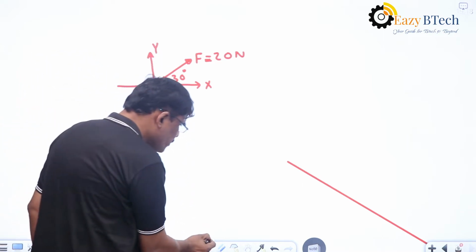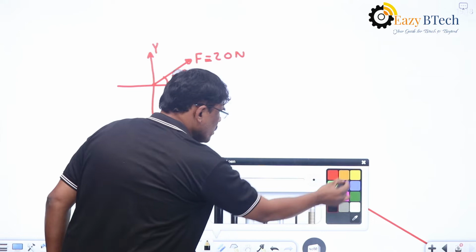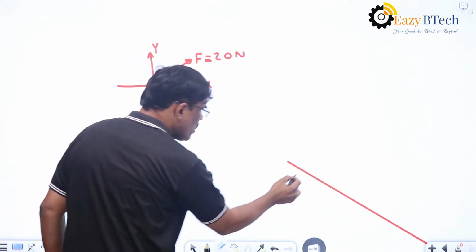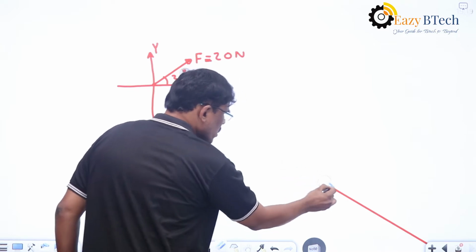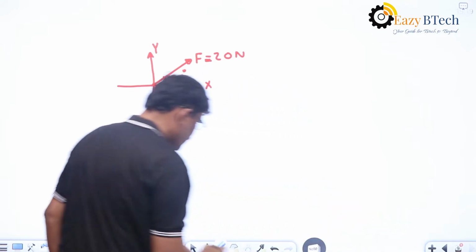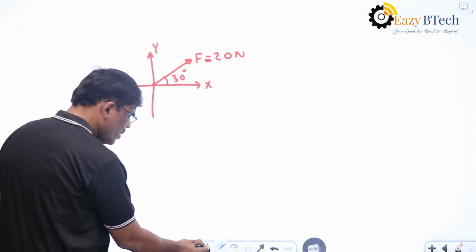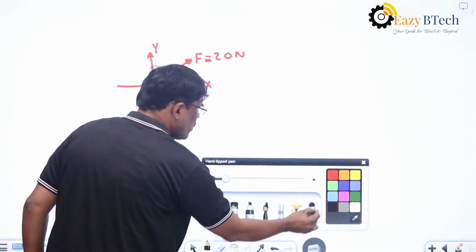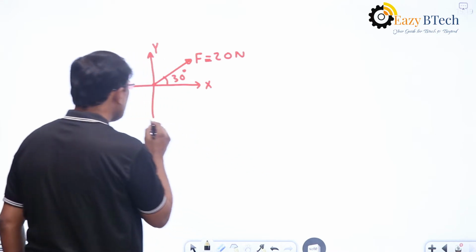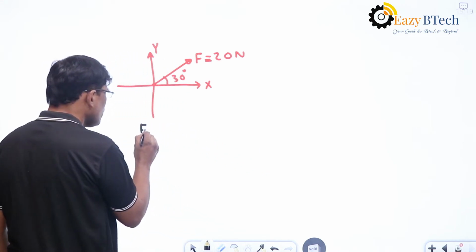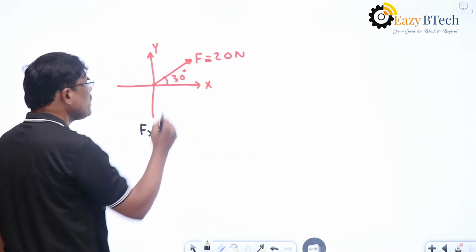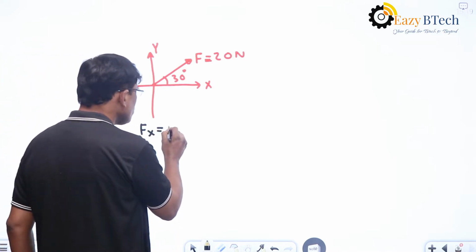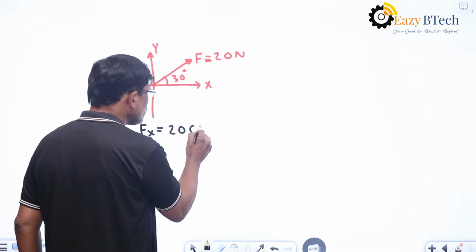So in such a case, here the x component, it is making angle 30 degrees with x-axis. So Fx is equal to 20 cos 30 degrees.